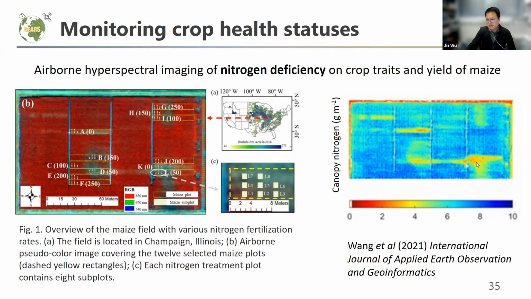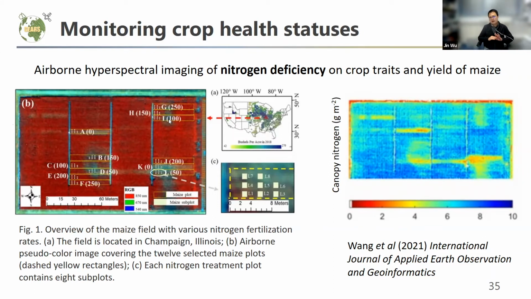The right panel is their result based on hyperspectral predicted canopy nutrient, and the color between red and yellow normally means they are subject to nutrient deficiency. Now if we cross compare the two figures, we can see the yellow and red regions almost map to the really low nutrient addition levels, right?